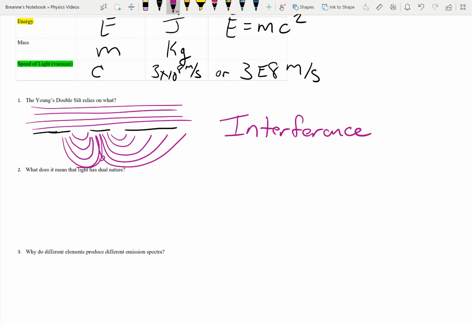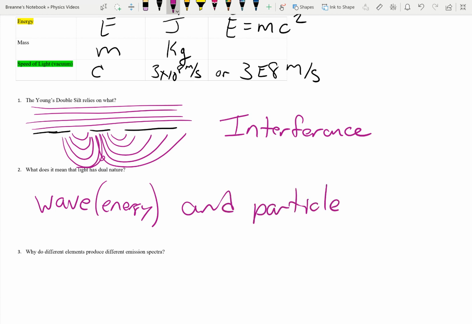So that kind of goes into number 2. What does it mean for light as a dual relationship? It is considered both wave, so therefore energy, and it's a particle, so it has mass. So it has both wave and particle aspects. It kind of lives in both worlds.